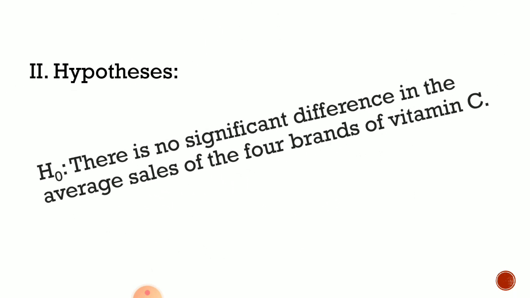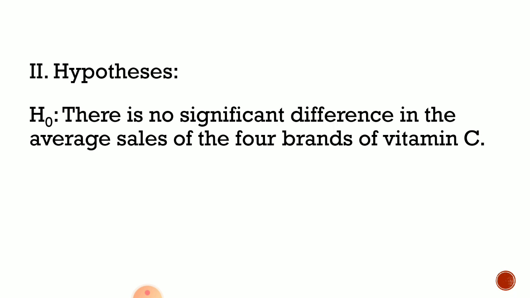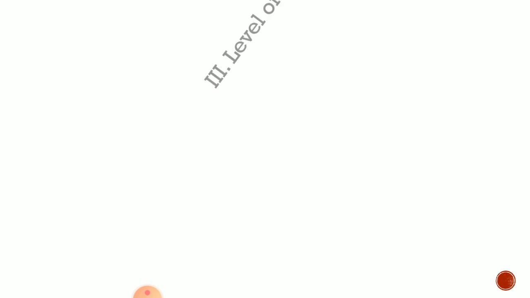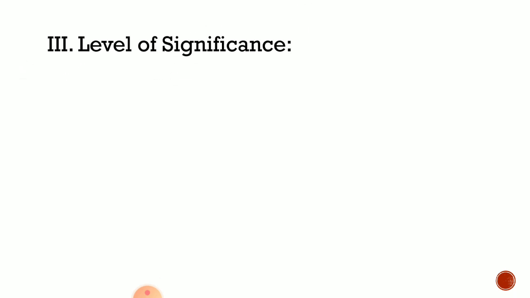For the null hypothesis, there is no significant difference in the average sales of the 4 brands of vitamin C. Then, for the alternative hypothesis, there is a significant difference in the average sales of the 4 brands of vitamin C. Next is the level of significance. So our alpha is equal to 0.05.